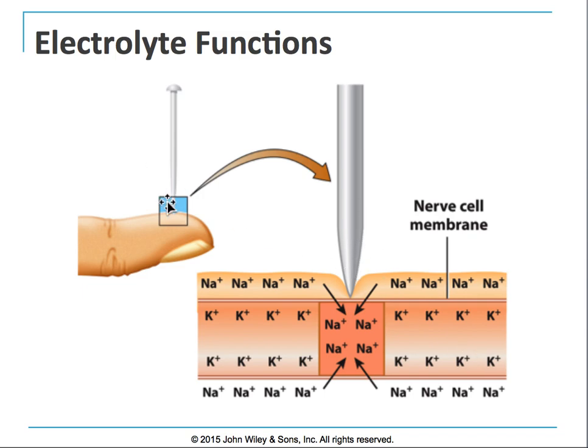And in this example, this person is getting pricked with a pin, and that pin is creating compression on this nerve cell and causing some of that sodium to be pushed inward towards the nerve cell. And that increase in pressure is what causes the pain receptors to sense that you're getting poked, that you're getting injured, and encourages a bodily response to that.